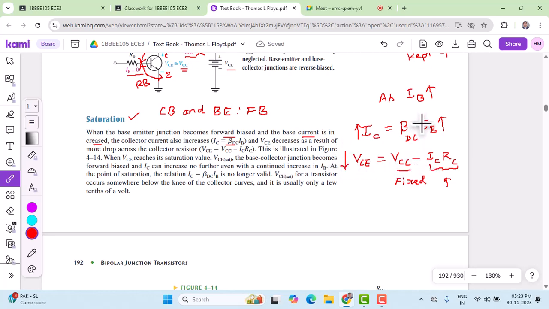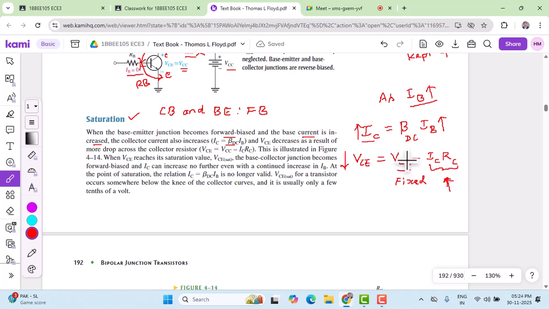Let me repeat what I said here. In the forward bias, the base emitter junction becomes forward biased. Now if we increase the base current, that increases the collector current. The increase in the collector current increases the drop across RC, that is, IC RC increases.